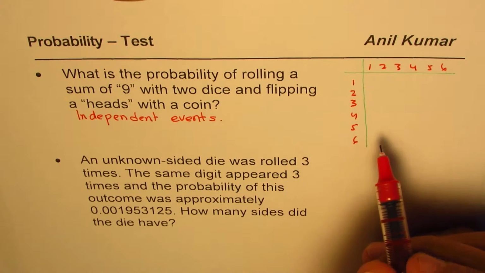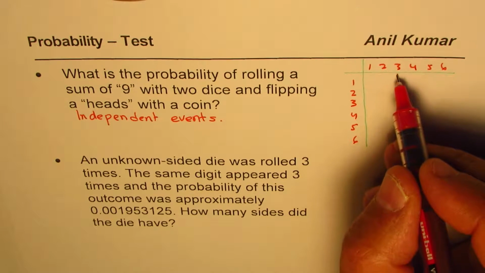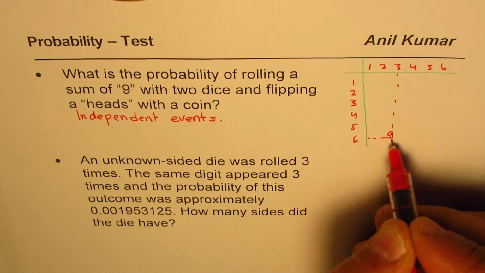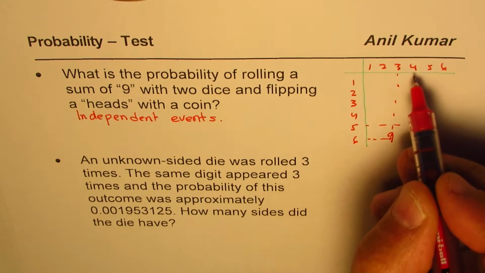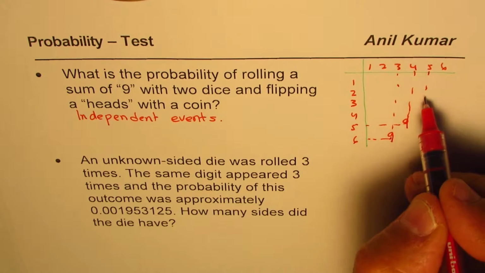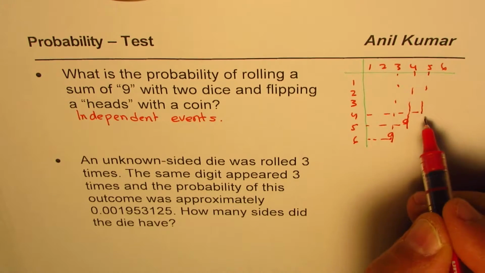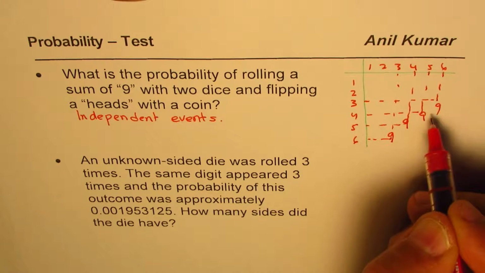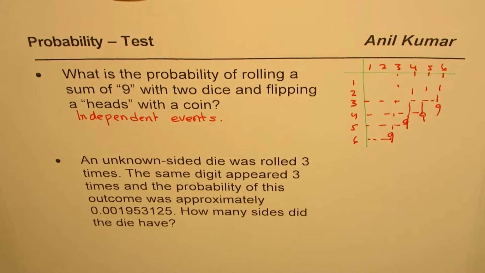When do you get 9? You'll get 9 when 6 and 3 combine. I'm not writing all of them. So that is one 9 you get, right? And then when 4 and 5 combine, and 5 and 4, and 3 and 6 combine. Do you see that? So these are 4 options.